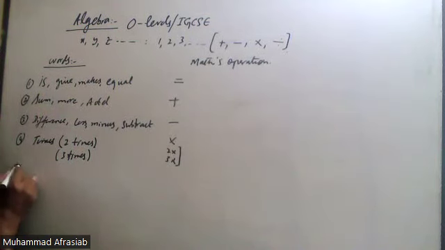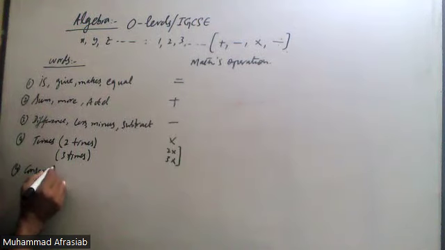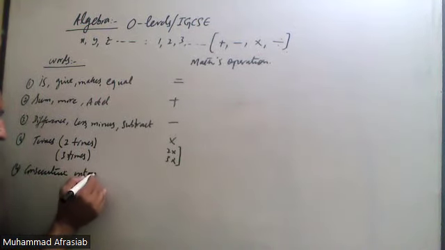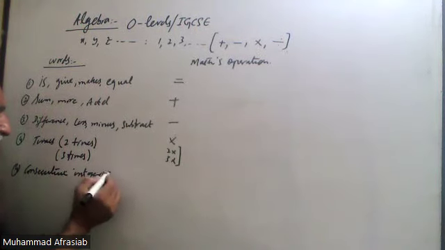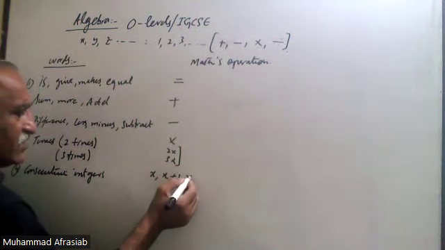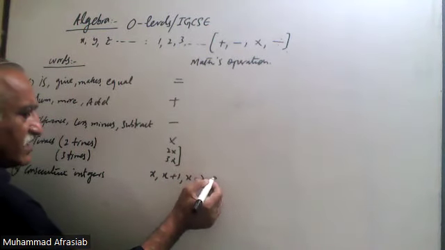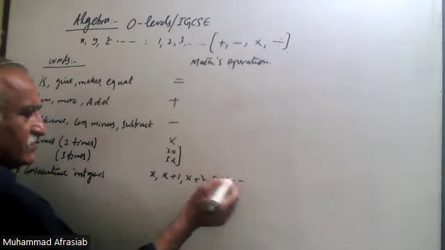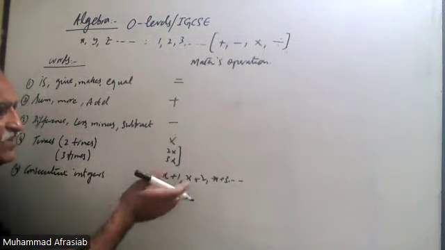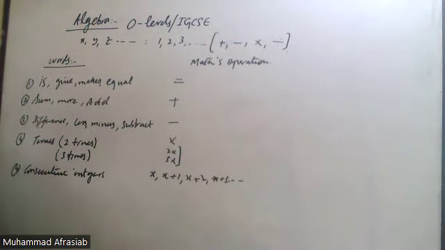If they use the word consecutive integers, we know that the consecutive integers are x, x plus 1, x plus 2, x plus 3, and so on, because consecutive means one after the other. And since they are integers, 1, 2, 3, 4 onwards will be there.